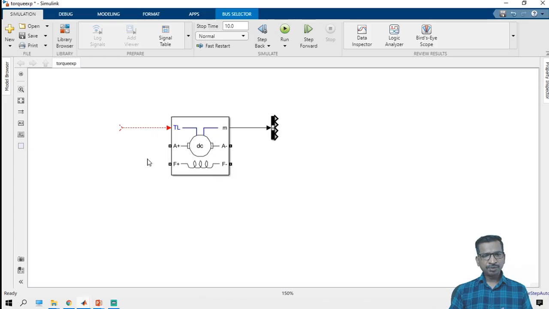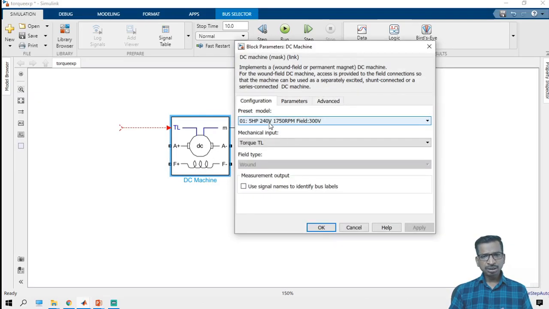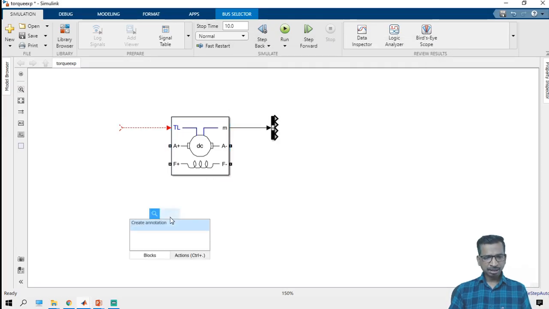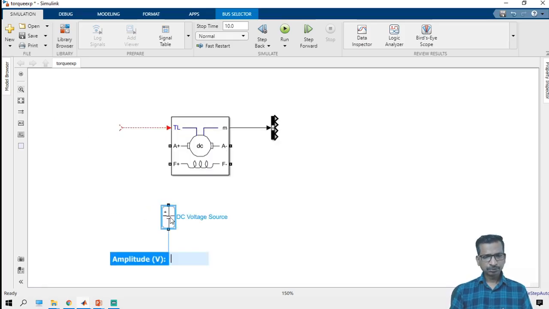And now we have to take a supply, we have to apply the voltage for the field as well as the armature. For the armature it's 240 voltage, and the field is 300 voltage. Just take a DC voltage supply. So amplitude voltage is about 240.